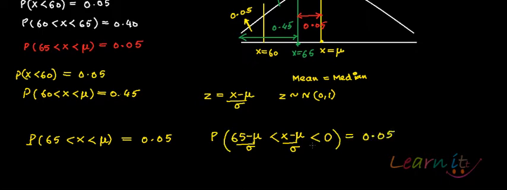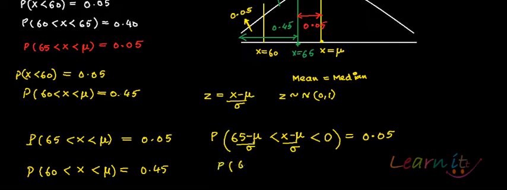This probability is 0.05. Clear? Now for the second one, P(60 less than x less than mu) is 0.45.